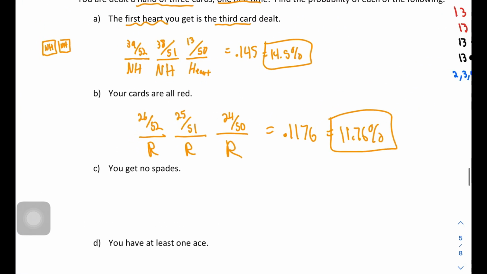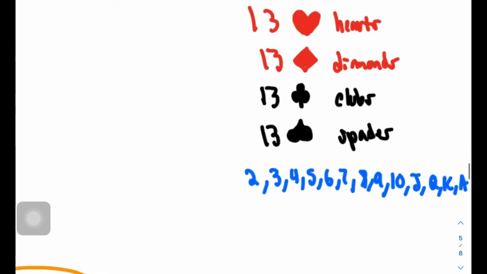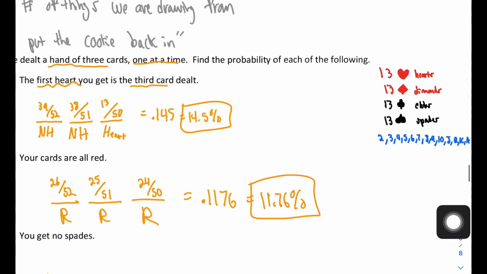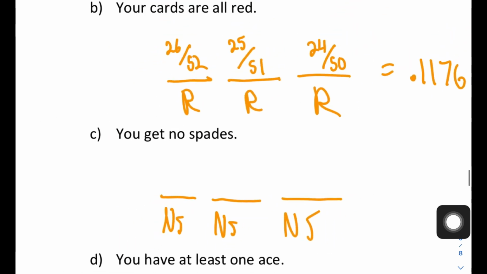Alright, we get no spades. No spades, no spades, no spades. Well, we got 13 spades, and we have 39 cards that are not spades. So we have 39 out of a possible 52. So now I pick one.